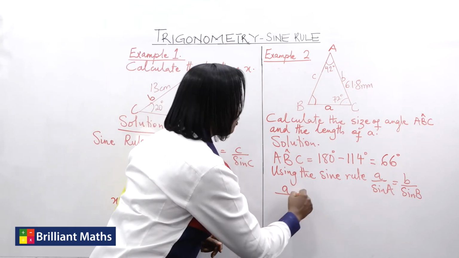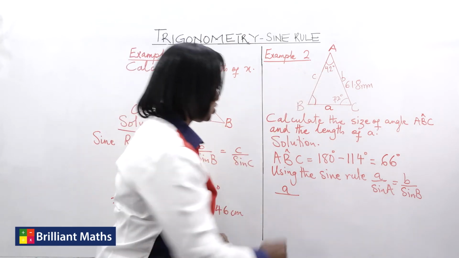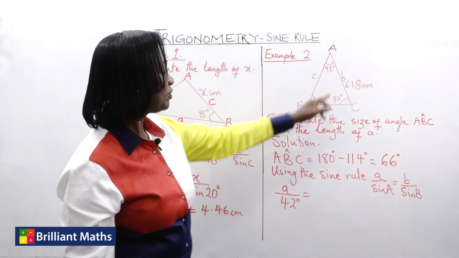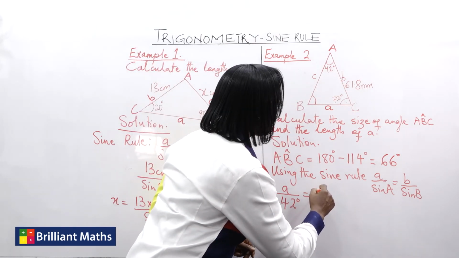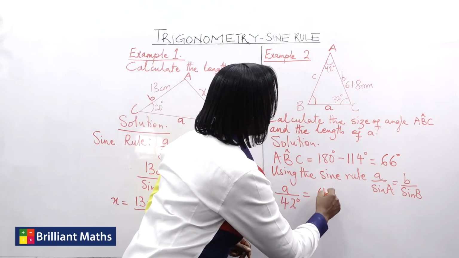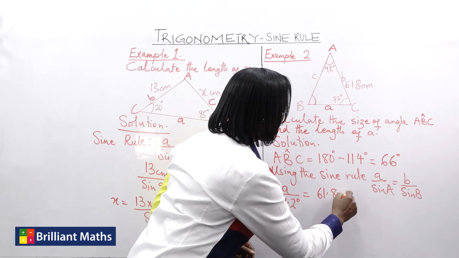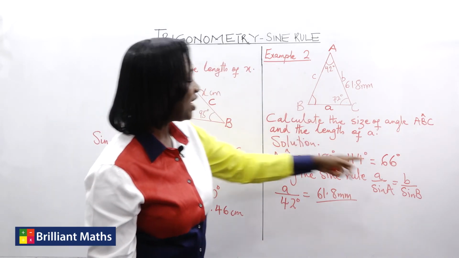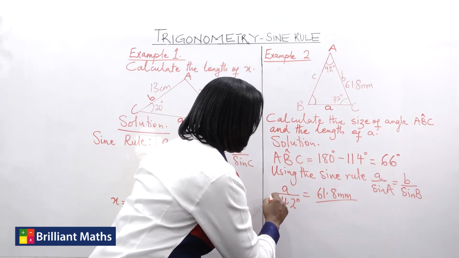So we have a over sine of angle A, which is 42 degrees, is equal to b. The line b is 61.8 millimeters over sine B, and B is 66 degrees.